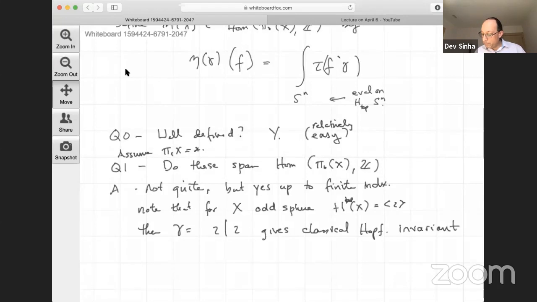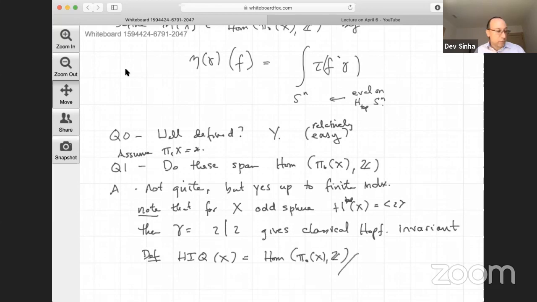And so now some folks know. Let me do it this way. Let's define the Hopf invariant quotient of X to be all the ways that we can measure homotopy, just abstractly, modulo the image of this bar construction on the cochains of X under these Hopf invariants.